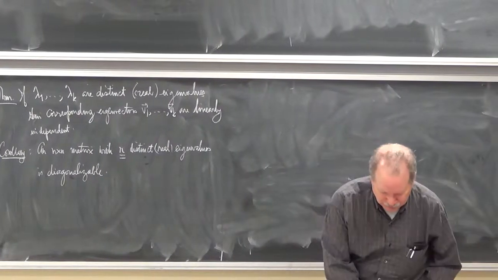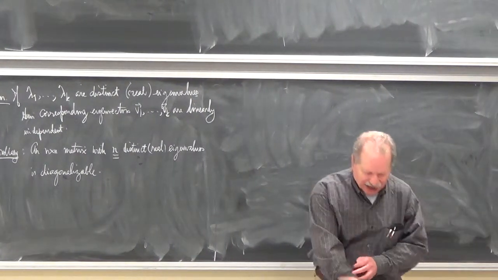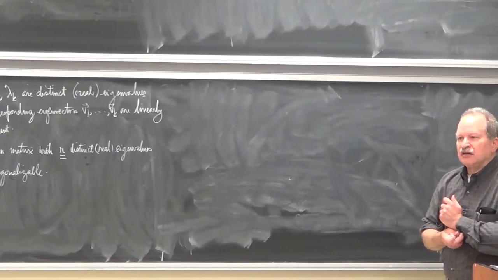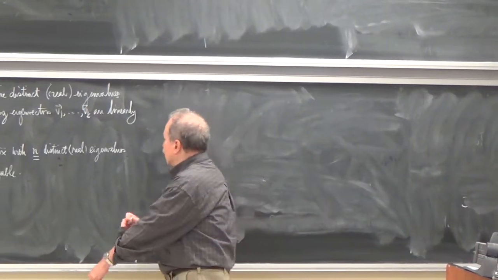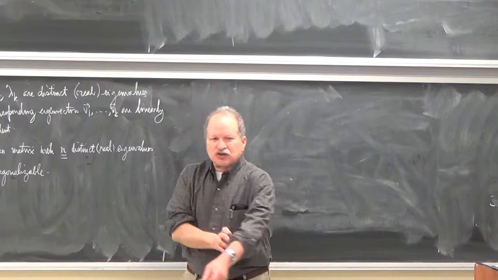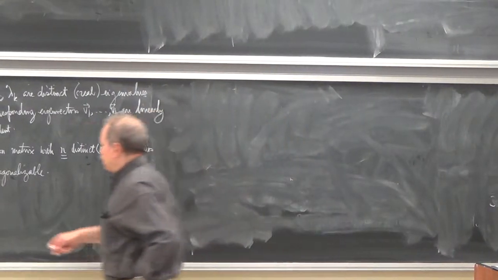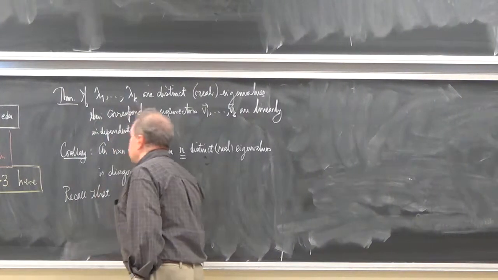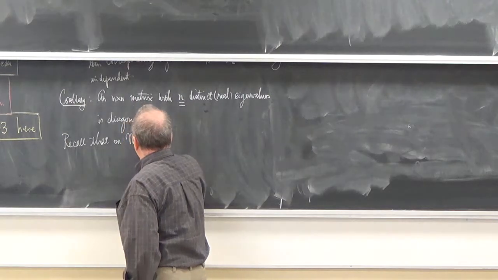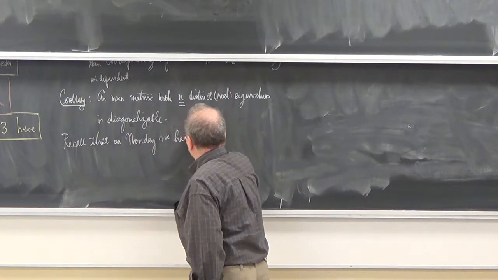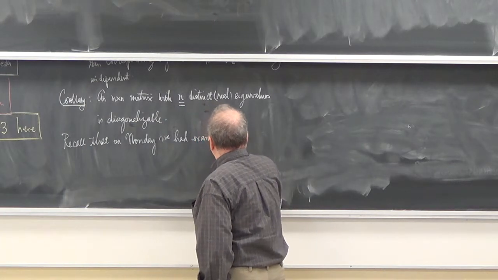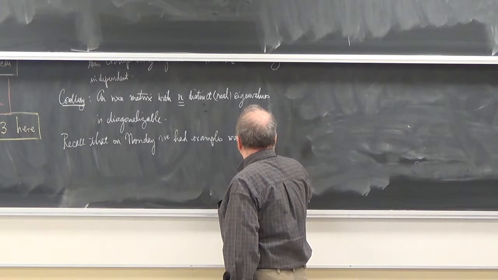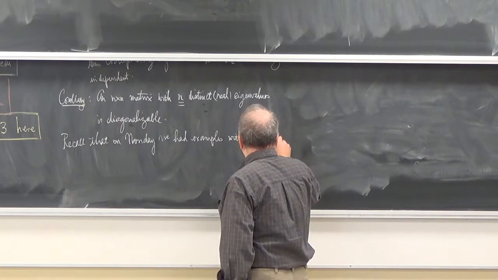All right, so the question is, what if you don't have n distinct eigenvalues? We've already seen examples of this on Monday. We saw that you could have repeated eigenvalues and the stories could be different. So recall that on Monday we had examples of matrices A and B with lambdas being 1, 1, and 2.